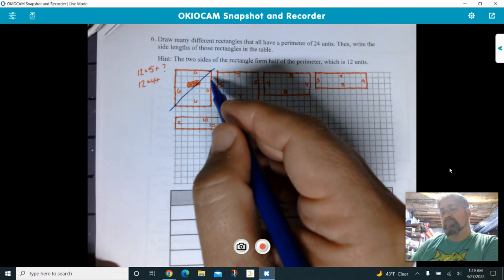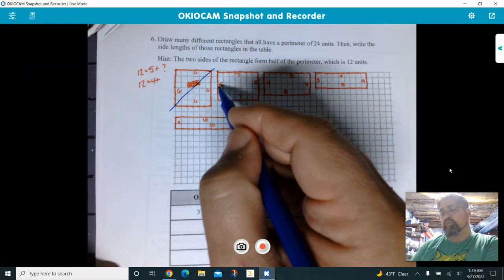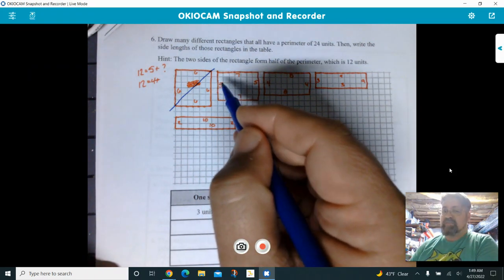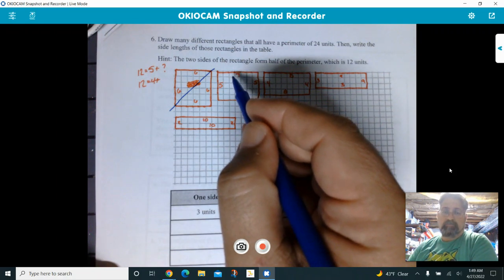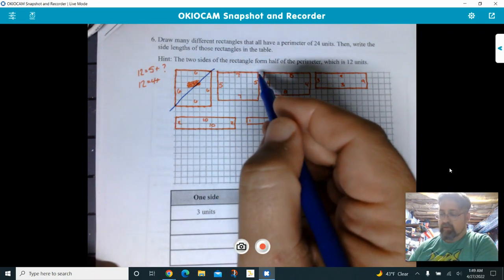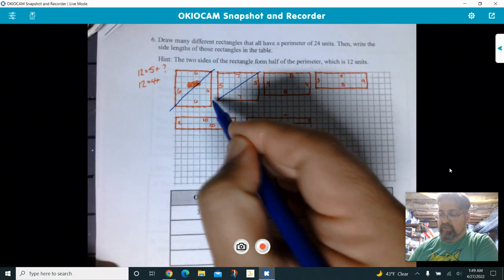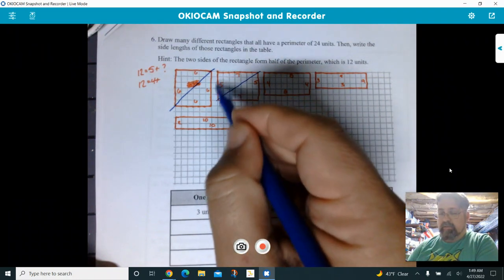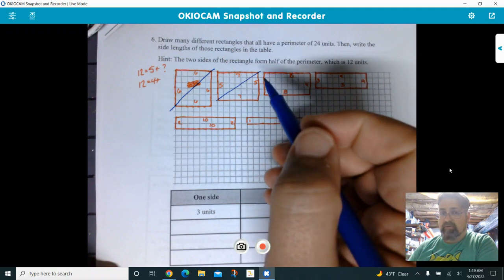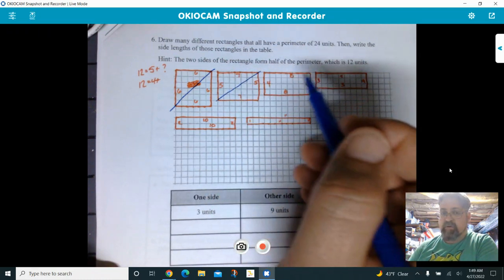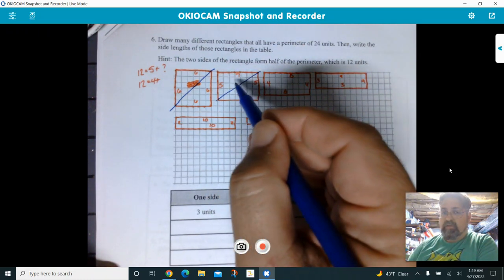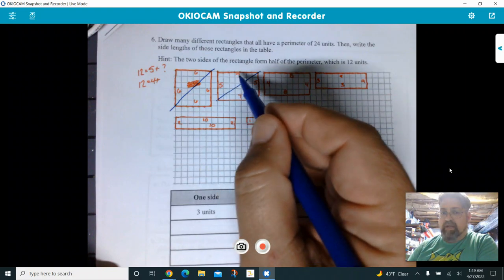If you move one side a little shorter and the other side a little longer, you still wind up with a perimeter of 24, or half of that would be 12. 5 plus 7 is 12. Drop that down one more and raise that up one more.